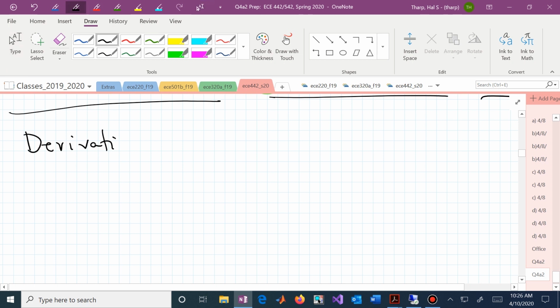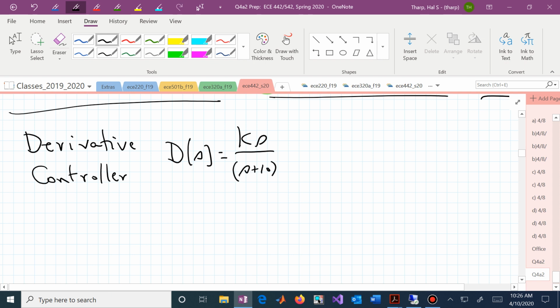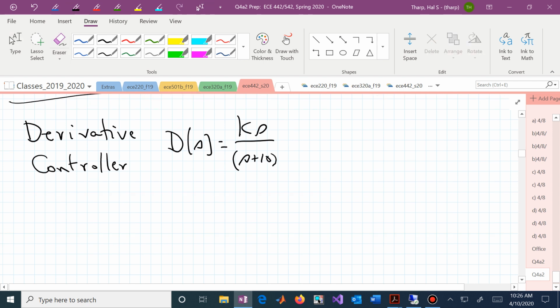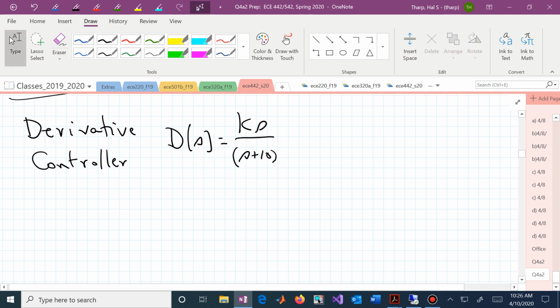Suppose somebody says, oh, now I have a derivative controller. So that now maybe your d of s is ks, but we know in practice we need to roll that off at high frequencies. Let's put a pole in there at 10. This is just a hypothetical, but now what does this look like in terms of its magnitude?